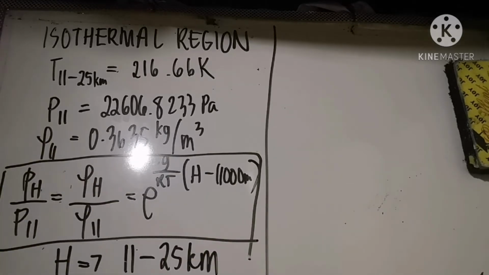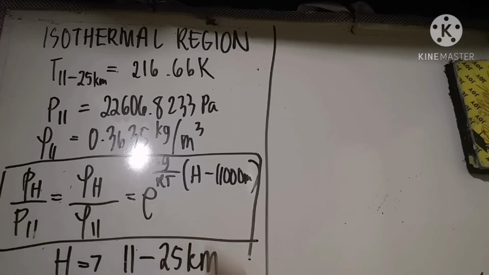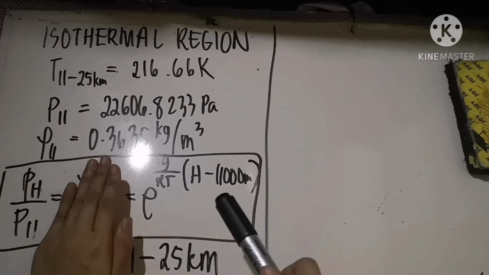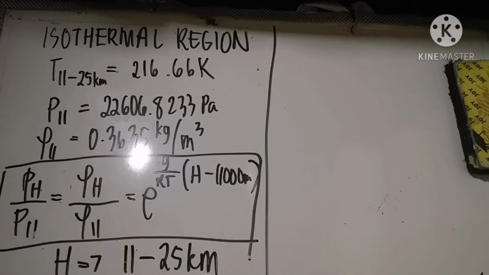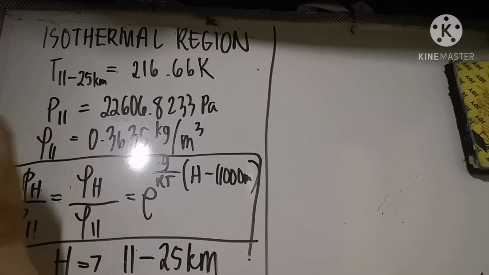Since same lang naman yung formula, ginanyan ko na lang. Kunyari, hinahanap mo yung pressure, takpan mo na lang ito. That will be your formula. And then, if you're looking for your density at height within 11 to 25 kilometers, this will be your formula. Takpan mo na lang.